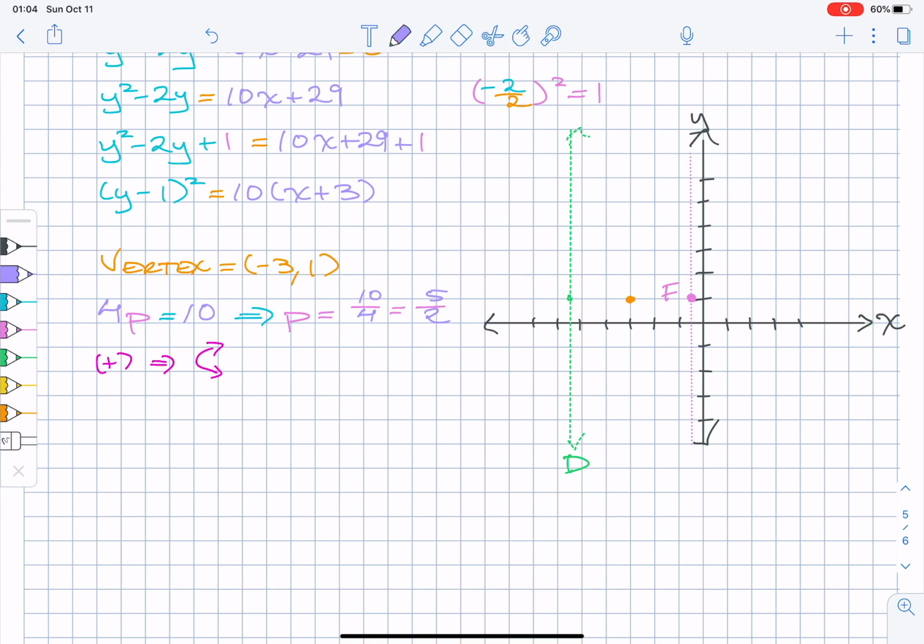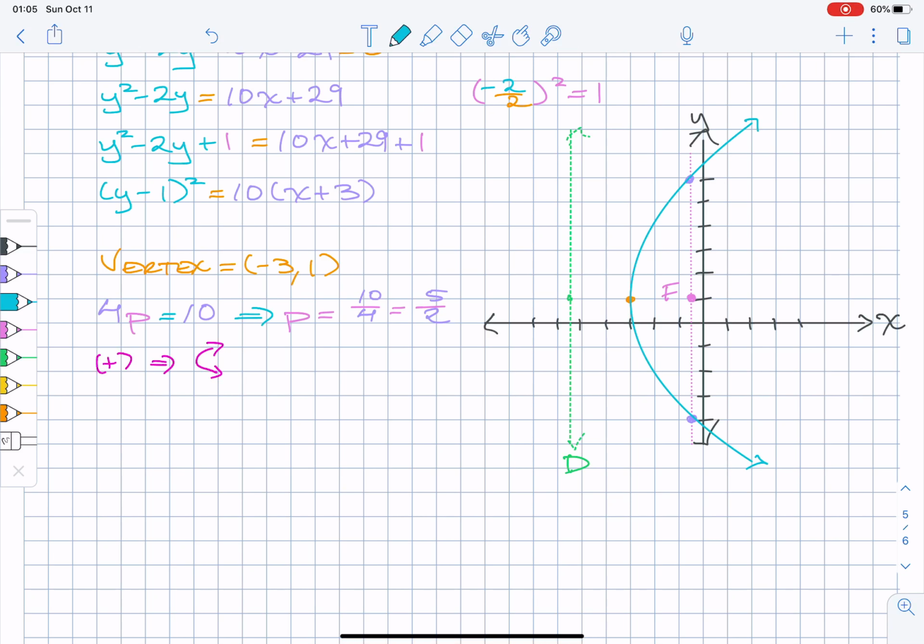Now I know that the other 2 points are going to be at twice 5/2, or 5, on either side of the focus along the latus rectum. So this is going to look something like so. Okay, there's our parabola.